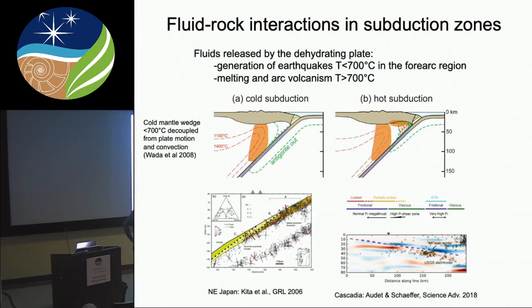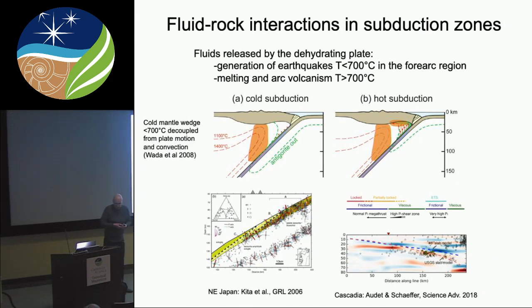In particular, I pointed out here the stability field of a mineral I'll talk a lot about, which is antigorite, a type of serpentine mineral. So you see that this stability field changes as the thermal state of the subduction changes, and this is inferred to have some influence on the deformation, meaning long-term deformation, or also seismicity that is associated with subduction zones.